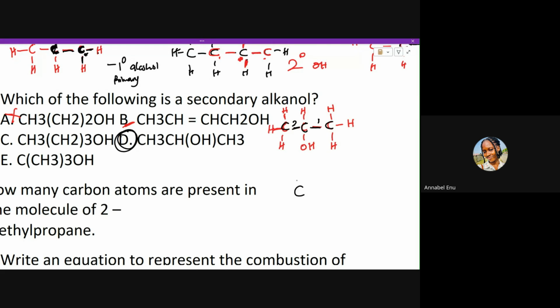Now C, let us just do C, even though it's not secondary. This C, you see C bracket CH3. This means there's CH3 here, CH3 here, CH3 here. 3 CH3s, then OH. This is what? Primary, secondary, or tertiary? Anyone can give us the answer.